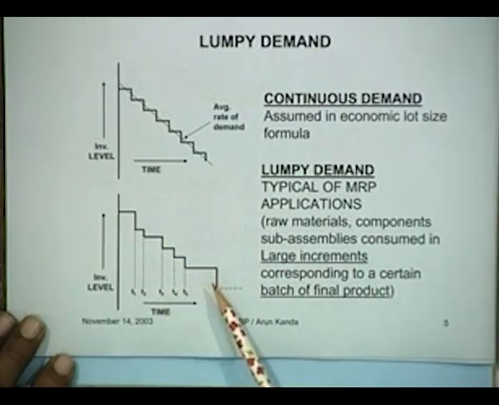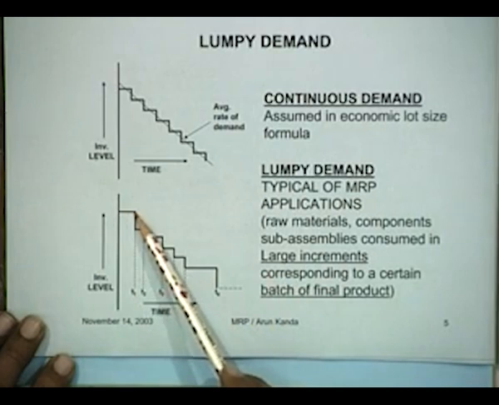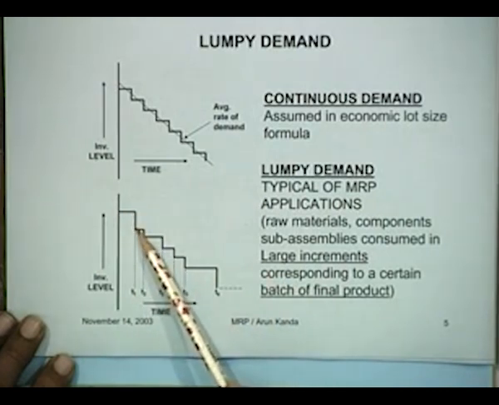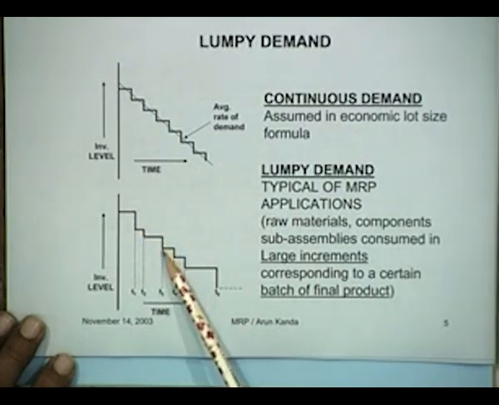This kind of demand, showing a sudden withdrawal and then no change, and then a small withdrawal and then no change and so on, is what we call a lumpy demand. So in a nutshell, we can say that typical demands in an MRP situation for the components and the raw materials are lumpy demands.